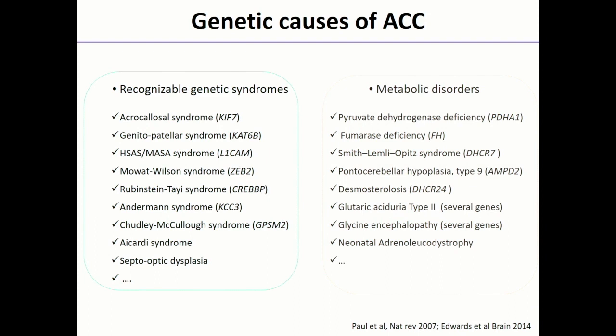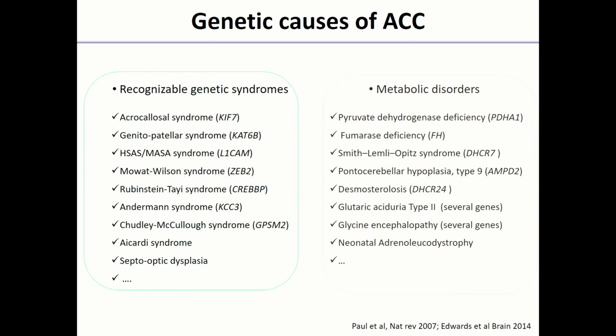This is just a very short list of Mendelian conditions that are associated with agenesis of the corpus callosum. These conditions are divided into two different types: the recognizable genetic syndromes like acrocallosal syndrome and genitopatellar syndrome.